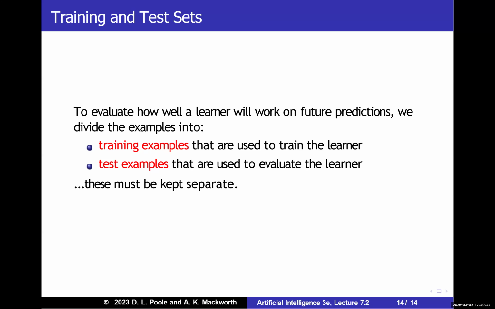Traditionally, about 70% of it you would use in the training data set, and you'd reserve 30% of it in the test set. So you would run your machine learning model after you've created it.